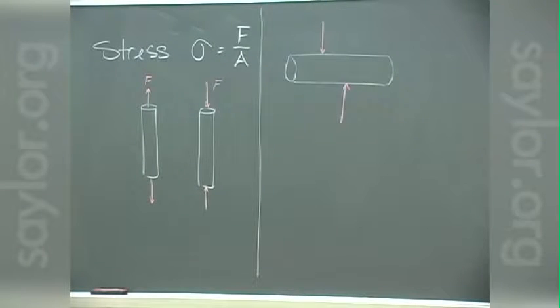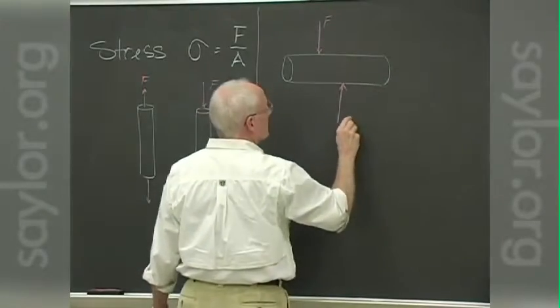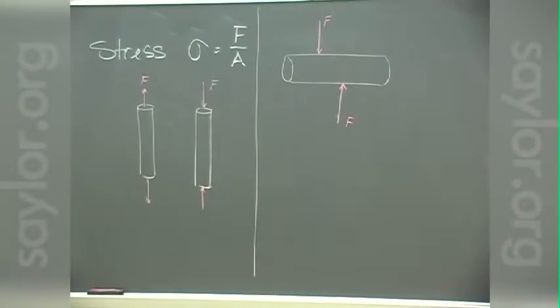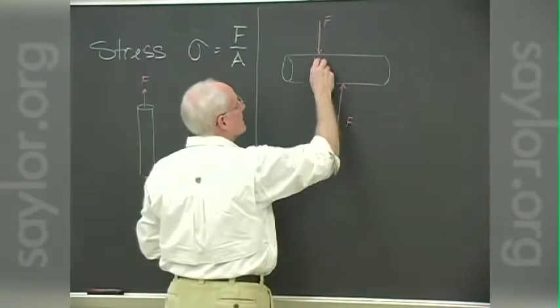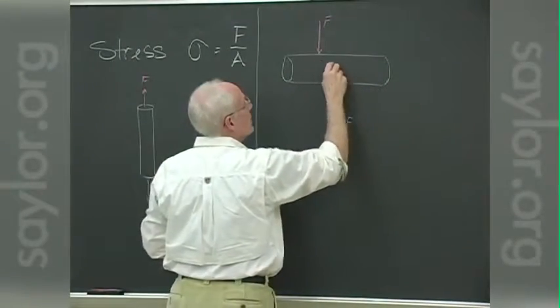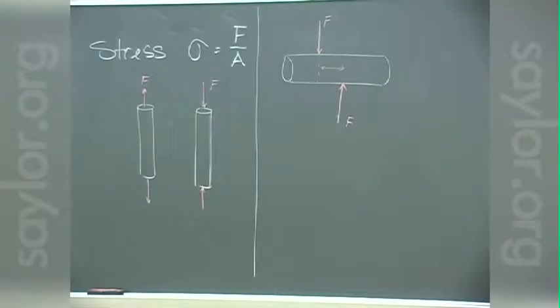Now, for the simplest statics we can do on this, those two forces have to be equal for the sum of the forces to be 0. Remember, it's also true that the moments must be 0. What we're talking about when we talk about shear forces is the situation where the distance between these two is very, very small, so that we're not worried about the moment that couple is causing.